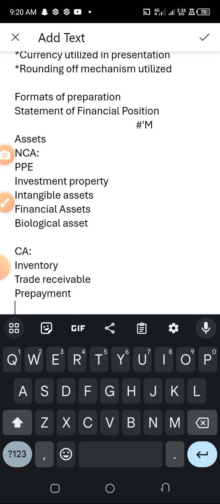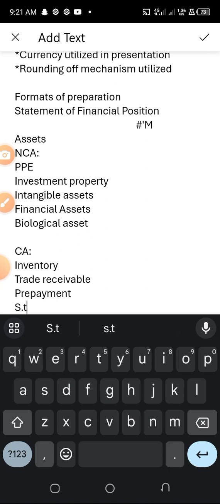Prepayments are when you have to pay 10 naira, but you overpay and pay 12 naira. The 2 naira on top of the 10 naira is known as prepayment. The other one is accruals, which is under current liability. You are supposed to pay 10, you pay 8. The other 2 you recognize as accruals. You also have what we call the short-term investment.